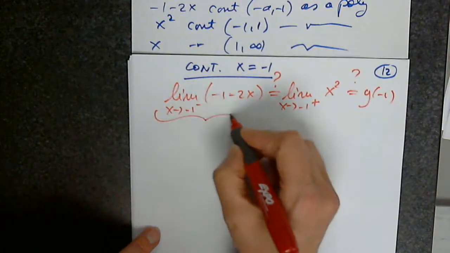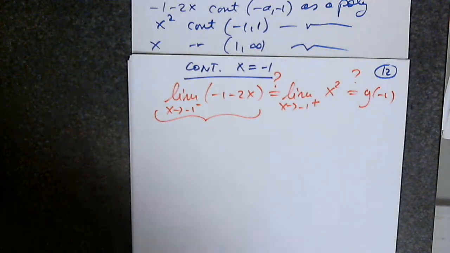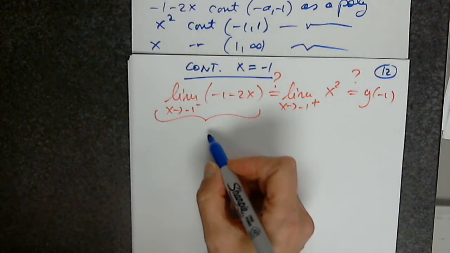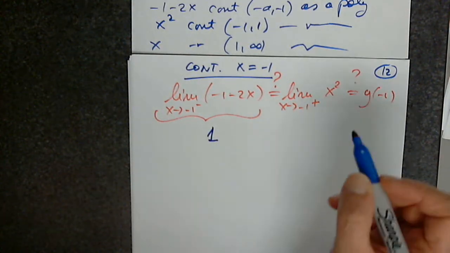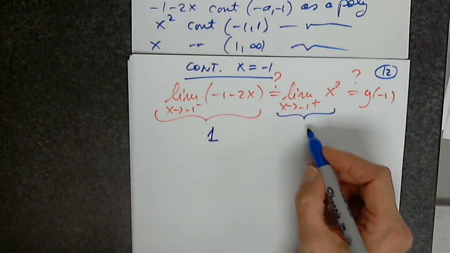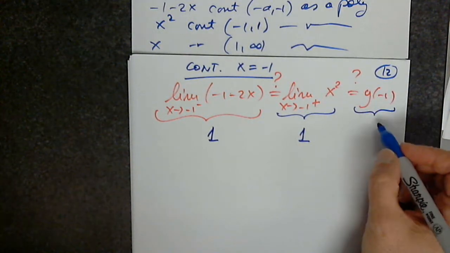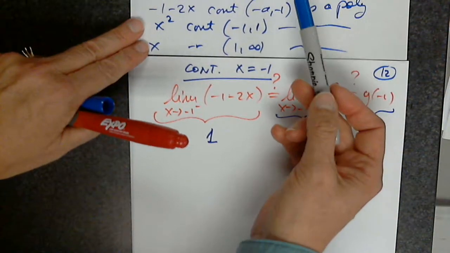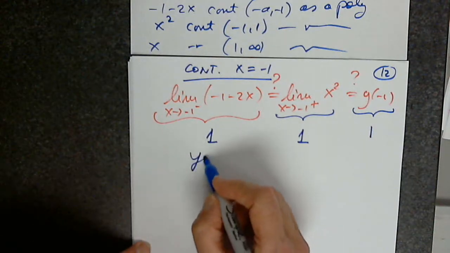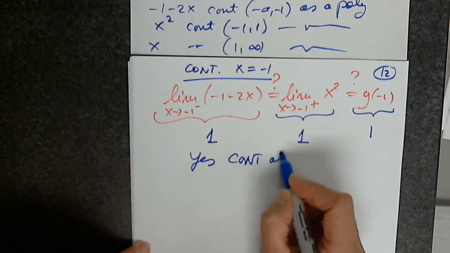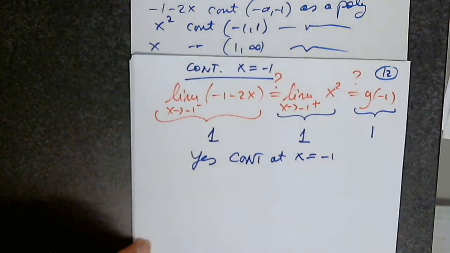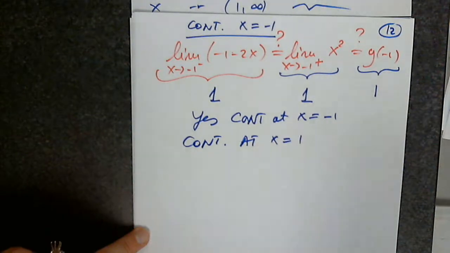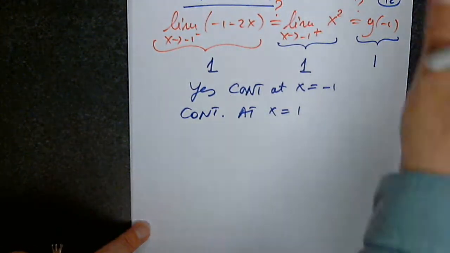Okay, so can anyone give us this limit? Can anyone give us this number? Good. So can I say that the function is continuous at -1? Yes. Continuous at x equals -1. Now continuity at x equals 1. What do I have to write or show?